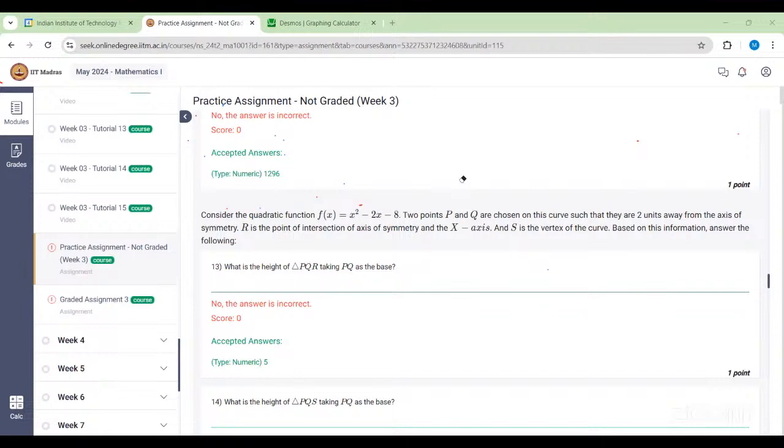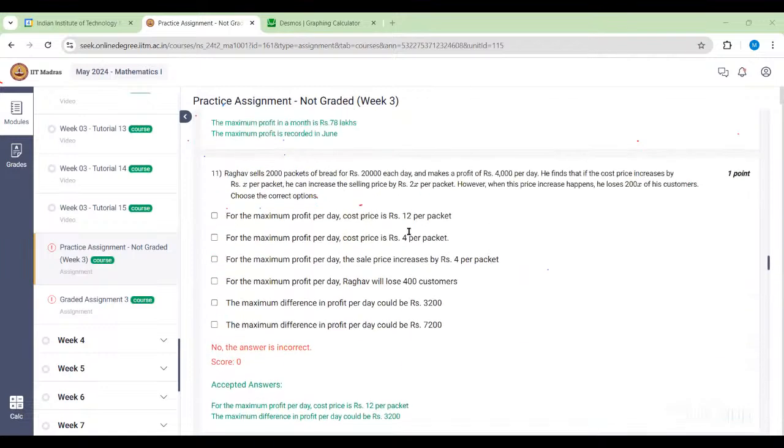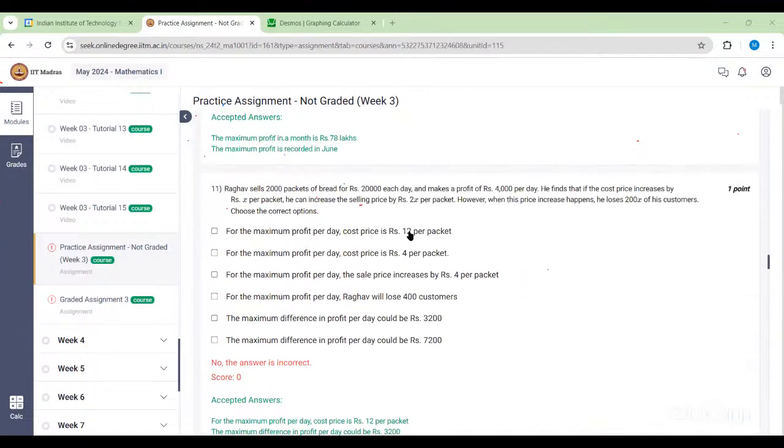Ma'am, for question number 11, I got the equation, but I am a little confused about what x refers to here. So x represents the increase. If the initial cost is 8, x says that you will add that.